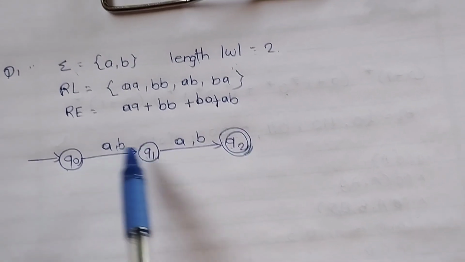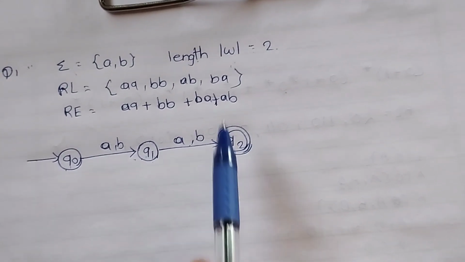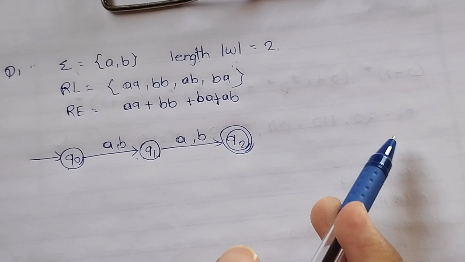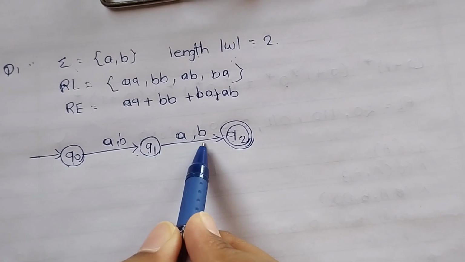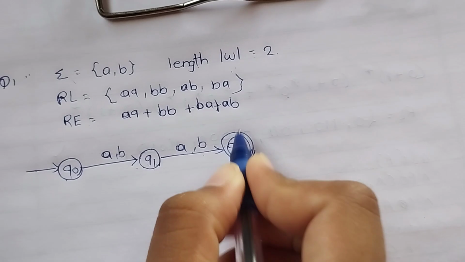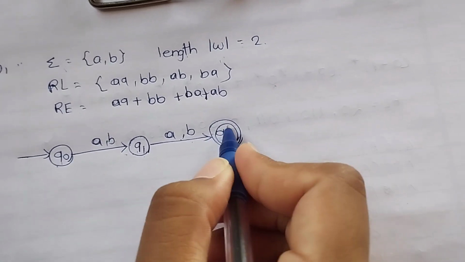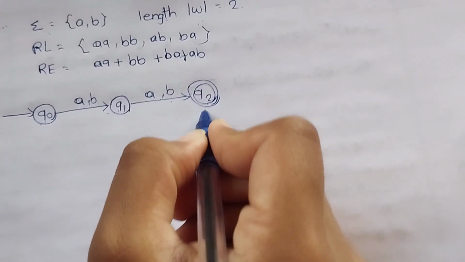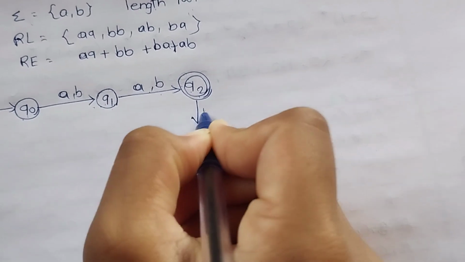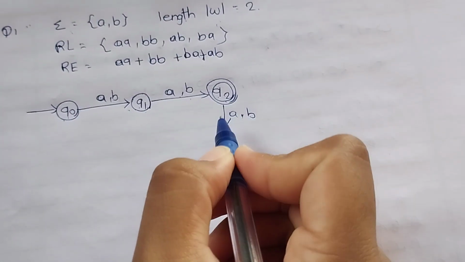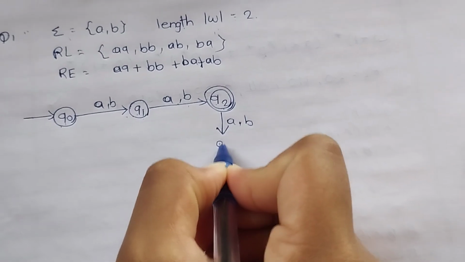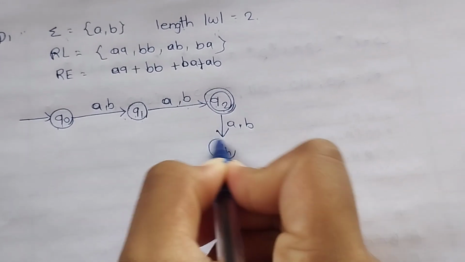So here A and B are accepted. And if A comes a third time, then this state does not give any variable, so this A or B will be stored in the halt state. The A and B of the q2 state are stored in qh.